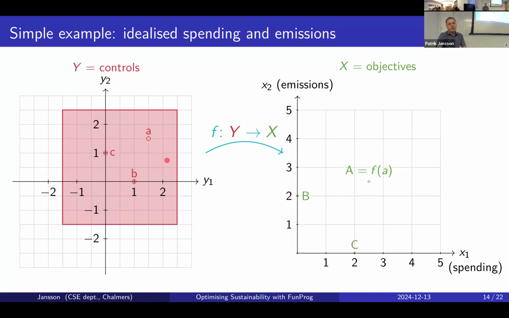So we evaluate one more point, which happens to end up here. Now this one has slightly less spending than A and significantly smaller emissions than A. So both B and C are clearly preferable to A, but it's not clear how to compare them internally. So we don't have a total order on these points.